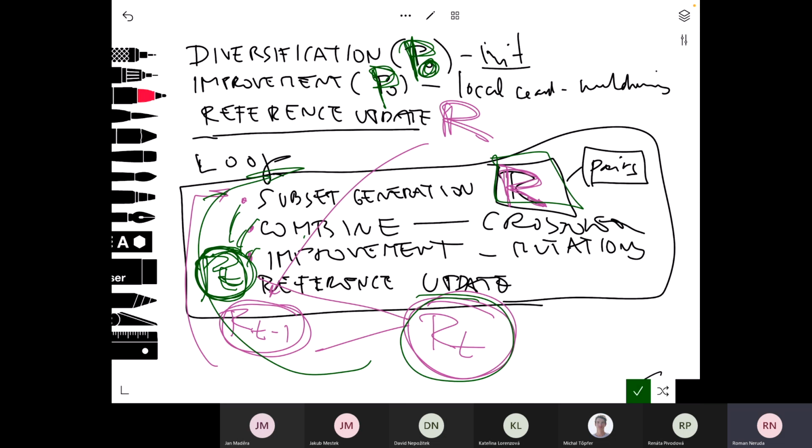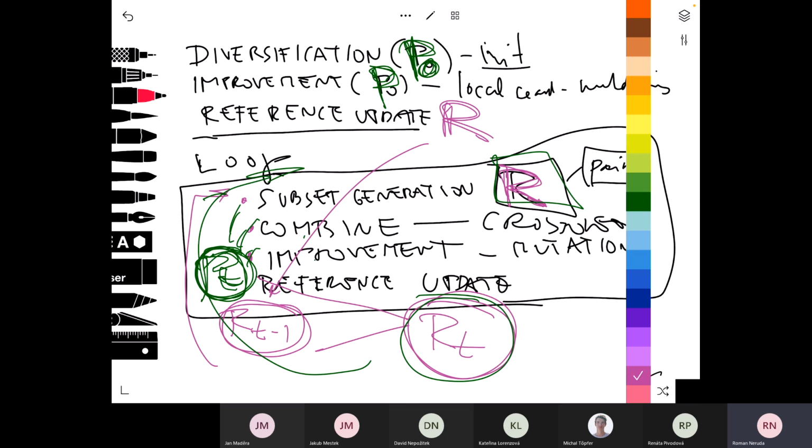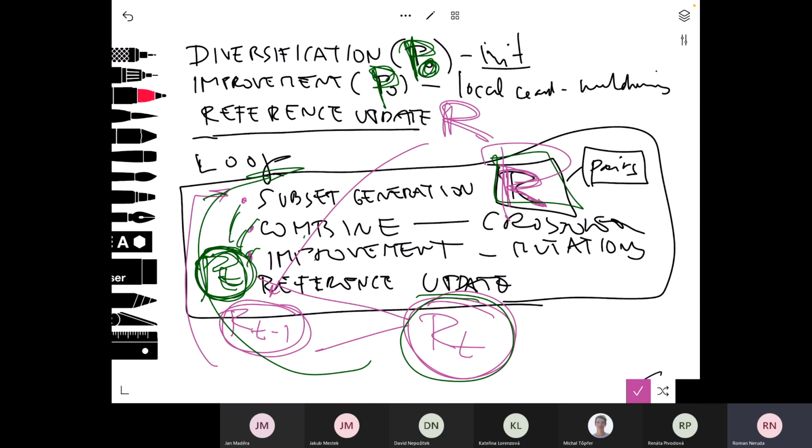So the population can be seen as sort of a list of candidates, and we're selecting the new candidates, the suitable candidates. But what is kept between the generation is the set of reference points. So to summarize the operations, because we have some new terms, so don't get confused, right?